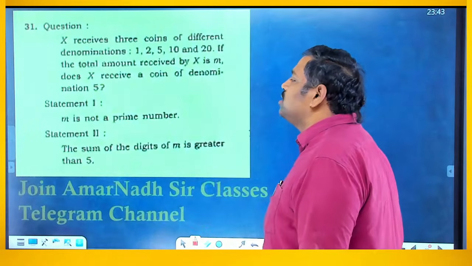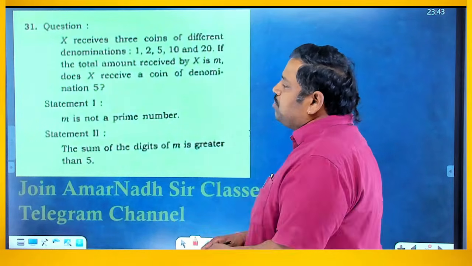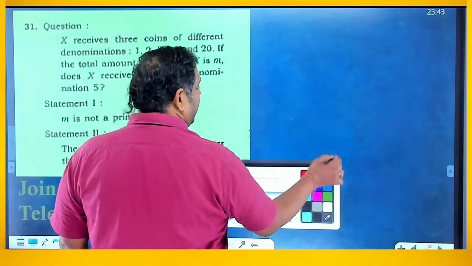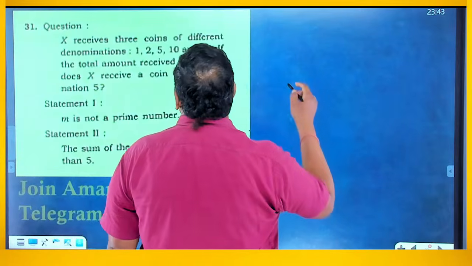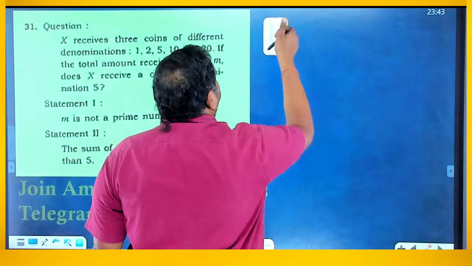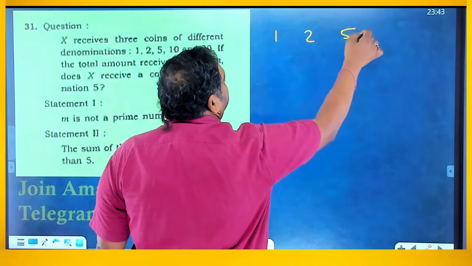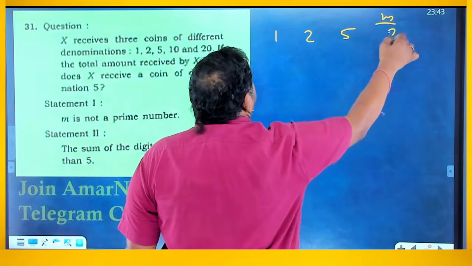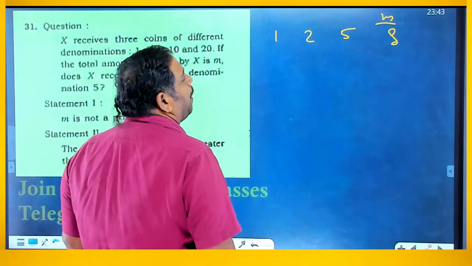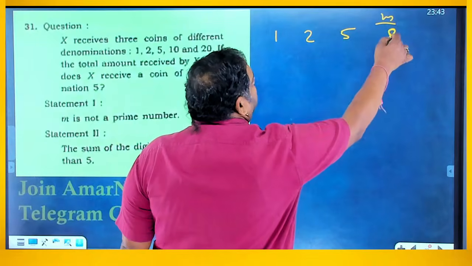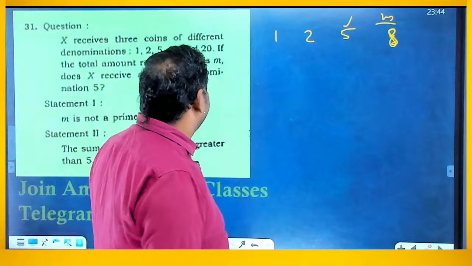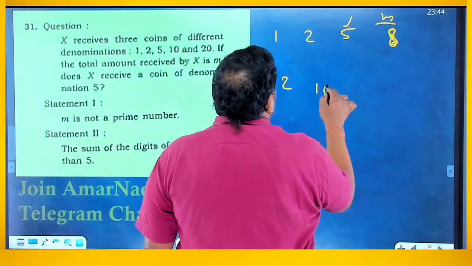Statement 1: M is not a prime number. By using this, am I able to say that 5 is a part or not? I have to verify. Suppose I have taken 1, 2, 5. Three coins. The total amount M is 8 rupees. M is not a prime number, and 5 has been used, so one case works. Suppose I use 2, 10, and 20.